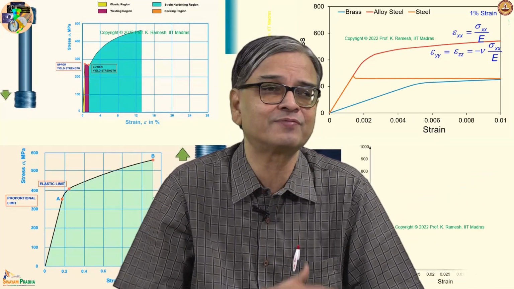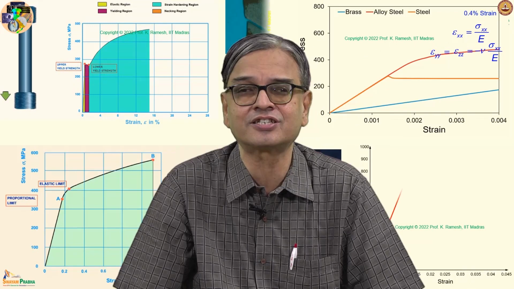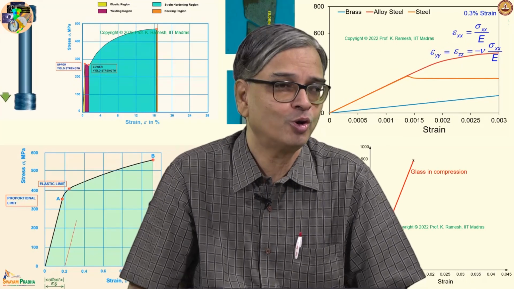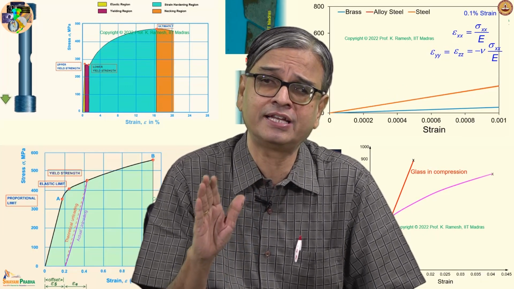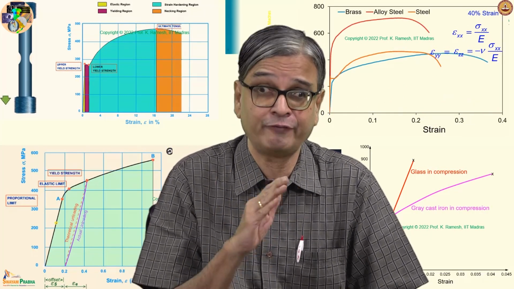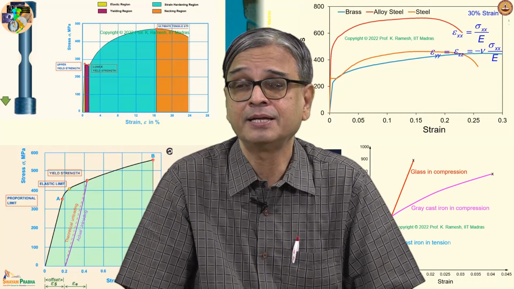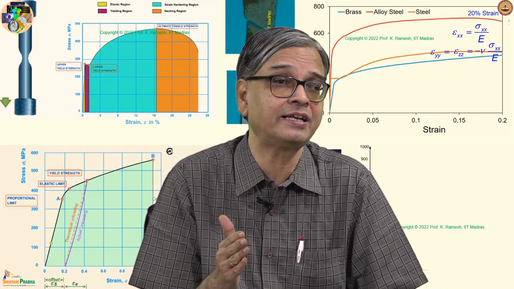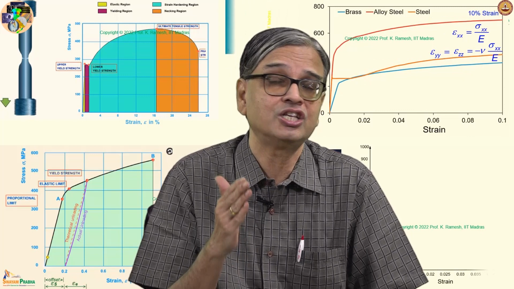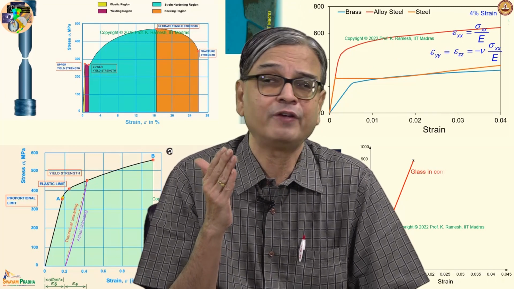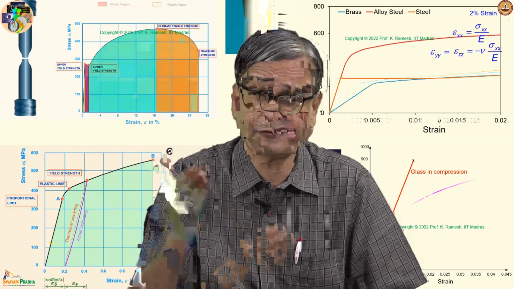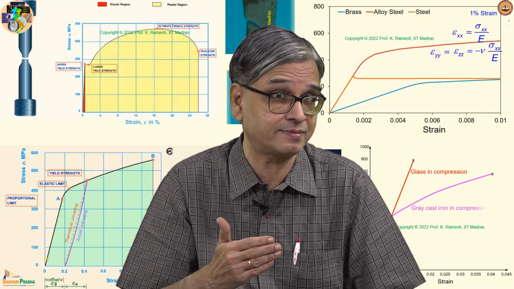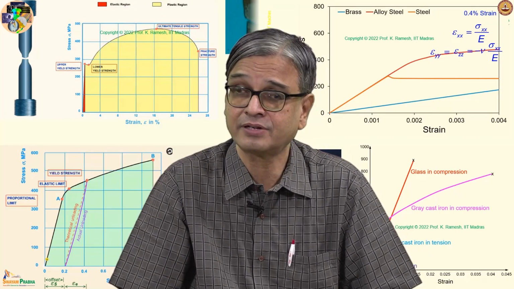So in this class, we looked at the tension test much more closely. A brittle material is strong in compression, and the difference can be of the order of 10 to 12 times, even higher.